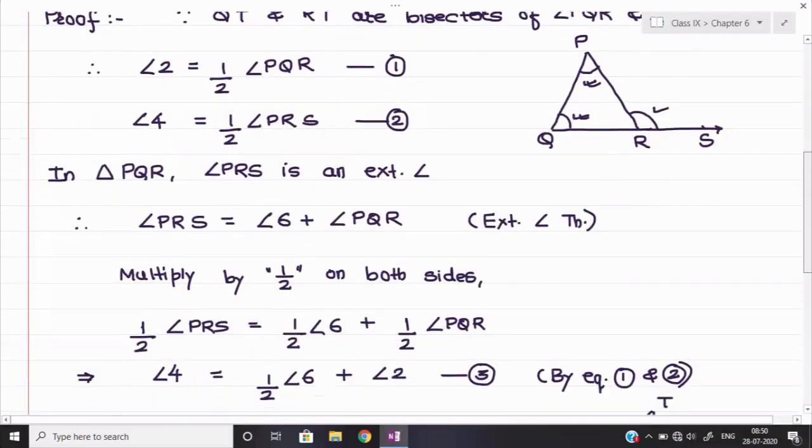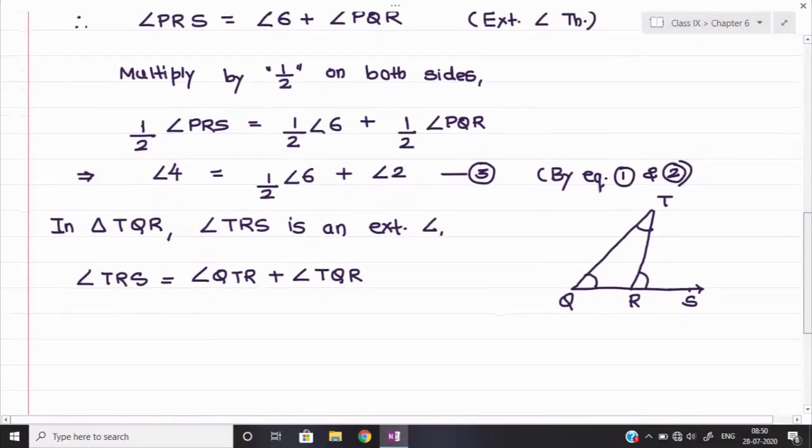So let us replace all that. Angle TRS is angle number 4, angle QTR is angle number 5 and angle TQR is angle number 2. Okay, this is our equation number 4. Now look at equation 3 and equation 4.